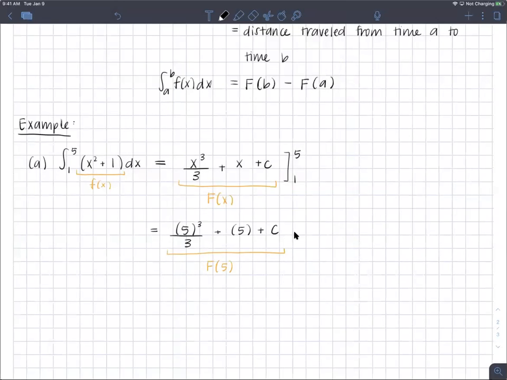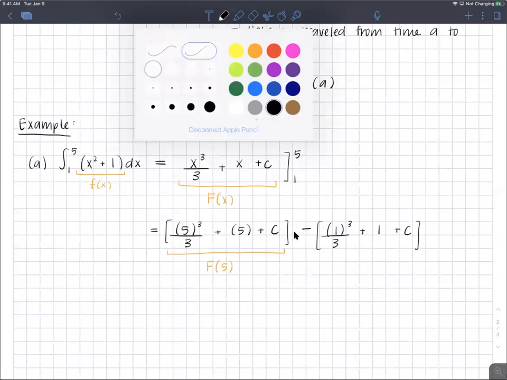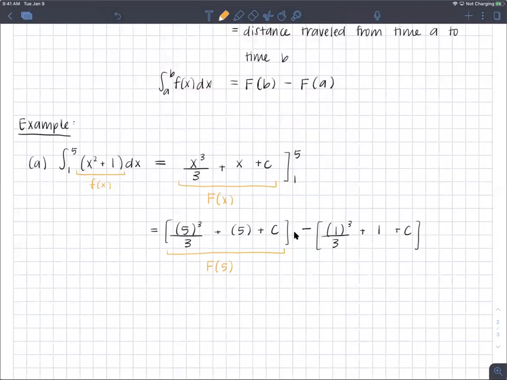And then I'm gonna subtract, so put this kind of in parentheses. I'm gonna subtract that same thing, but evaluated at 1. And so I'm gonna get 1 cubed over 3 plus 1 plus c, where this piece now is capital F of 1.